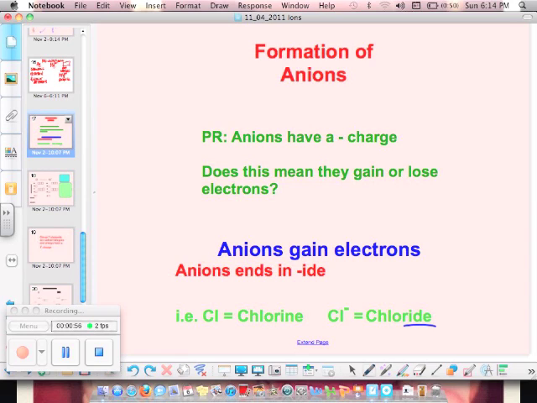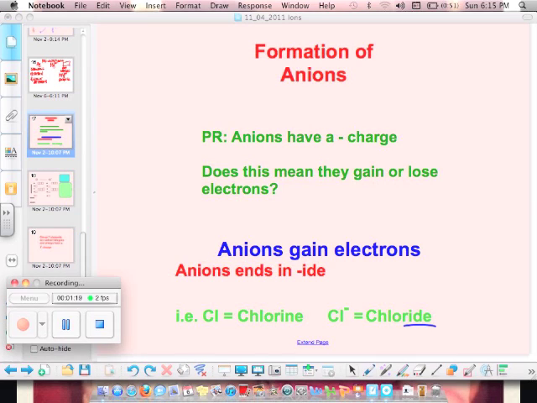Okay. As we go through these, we're going to see how we name different elements. For example, if I have bromine, which is also in group 7A, and it gains an electron, it will turn into bromide.